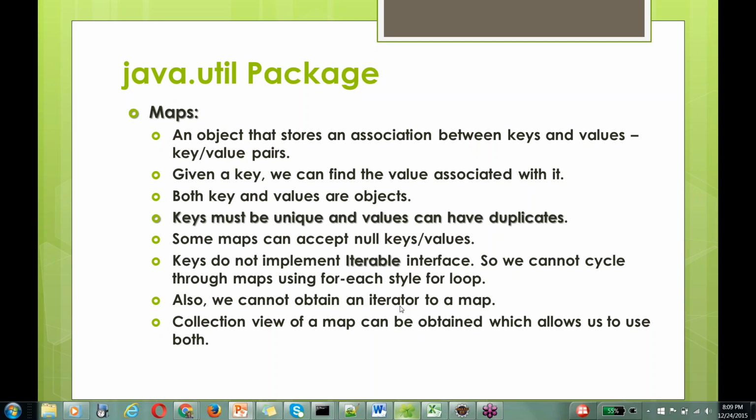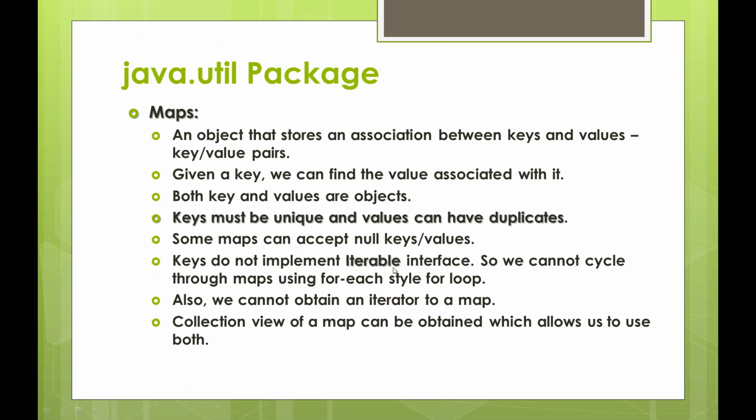Let us see how those things are done with some examples. Before that, we will first discuss the interfaces that form the basis of maps, then abstract and concrete classes, and then dive into the examples.